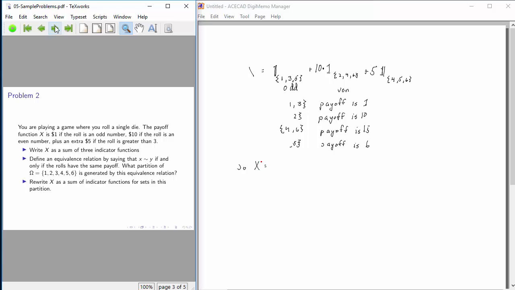I can say that X is a sum of indicator functions, one for each set in this partition.